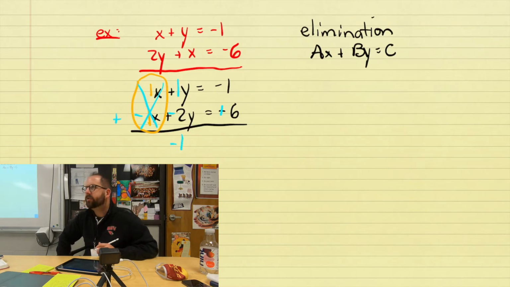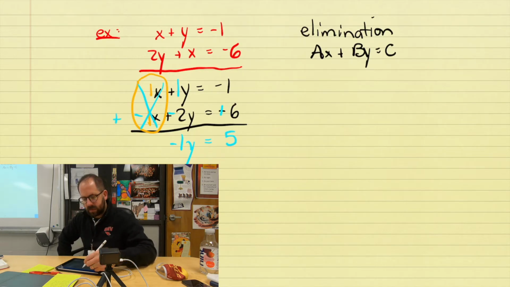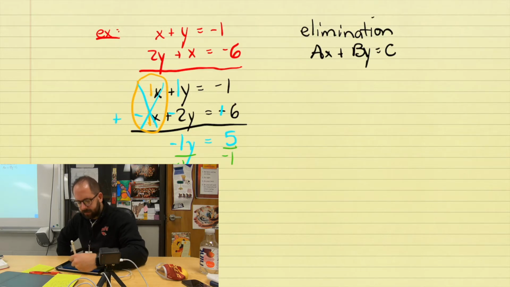And then 6 plus the negative 1, adding straight down, makes 5. And how would I solve? Yeah, divide, right? You'd have to divide by the negative 1, so it would be y equals negative 5.